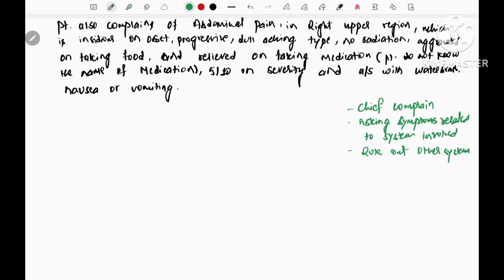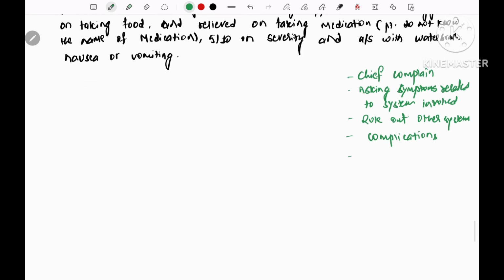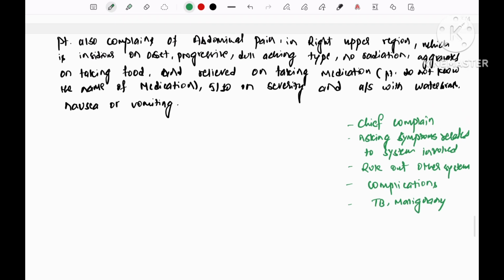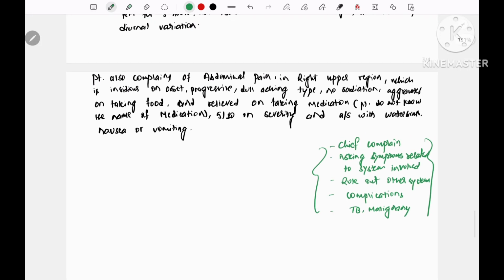Then I also ask about complications. And finally in the fifth point, I ask the history for tuberculosis and malignancy. So these are the 5 points which are very important for me to take history, so that I cannot miss any point.